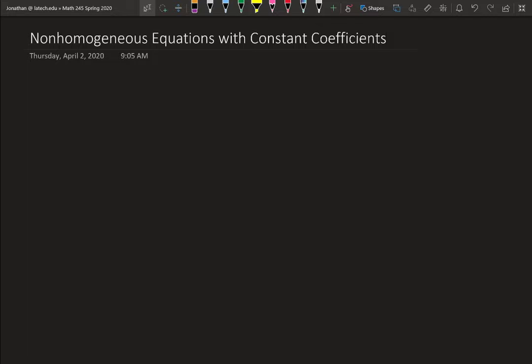Non-homogeneous equations with constant coefficients. Basically just going to add a step to what we've been doing already in 4.3. This is going to be 4.4. Non-homogeneous equations with constant coefficients.